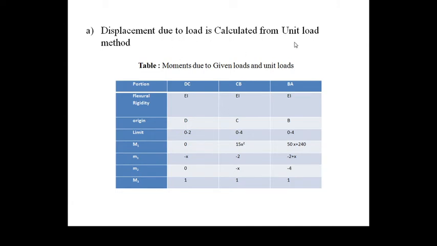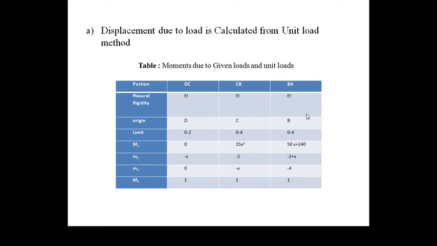We are well known about this unit load method, which is used to determine structures. If you did not learn the unit load method in your previous semester, we can discuss it here in detail. In that table, the moment due to given load and unit load. The flexural rigidity EI is the same for DC, CB and BA.